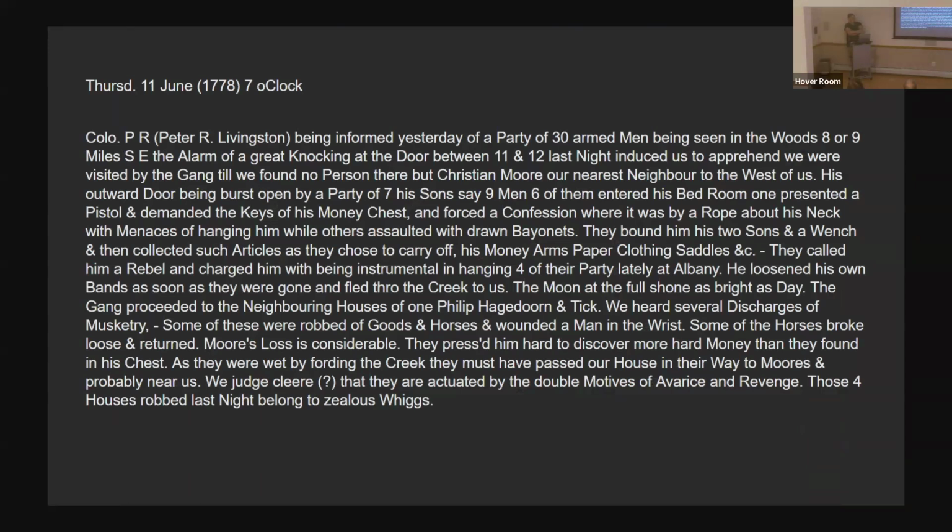This is a remarkable episode. I won't read the whole thing, it's kind of long, but this is a loyalist raid into northeastern Germantown in 1778. This is William Smith's entry for June 11th, 1778, and it relays that a party of 30 armed men came near Peter R. Livingston, PRL.